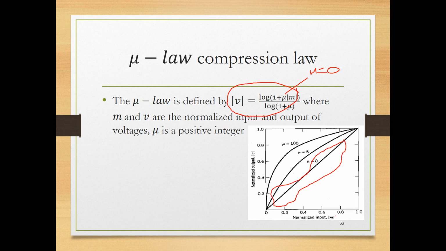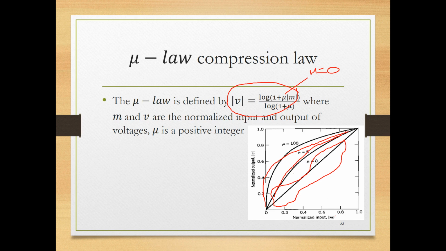When you put mu equal to 5, you get this curve. When you increase mu further and put it at 100, you get this curve. So depending on mu, the shape of the figure changes.